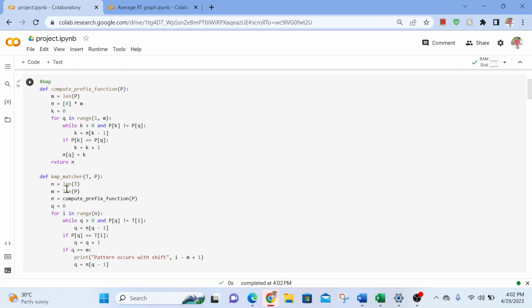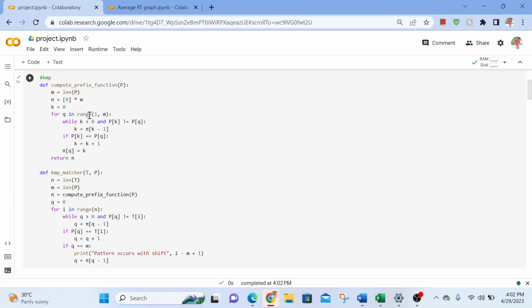The compute prefix function takes as input the pattern string P and returns a list pi, where pi[q] is the length of the longest proper prefix of P[0..q] that is also a suffix of P[0..q], which is used to construct the failure function table. The KMP matcher function takes input text T and pattern P and finds all occurrences of P in T using the KMP algorithm.